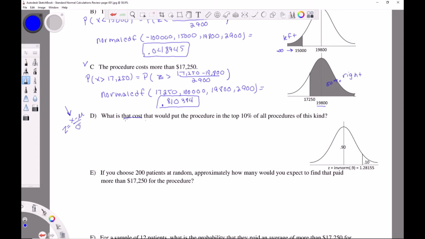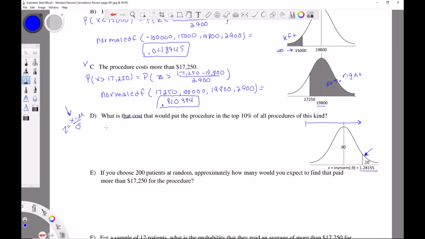So we need z, we know mu and sigma, so we've got to do an inverse norm to get z. It would put the procedure in the top 10% of all procedures of this kind. This is your top 10% right here. Since inverse norm goes from left to right, you really need what's on the other side of this cut point. So it's going to be inverse norm 0.9, and that is your z-score.